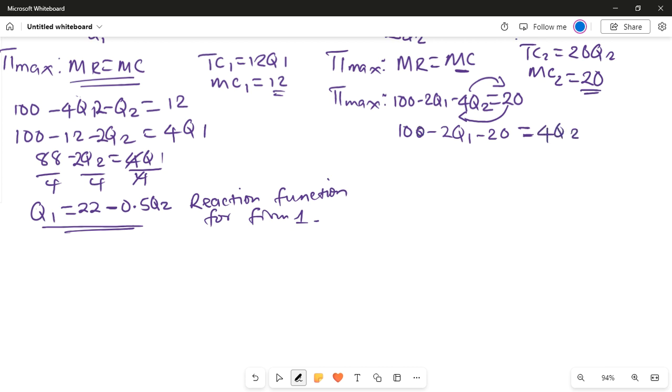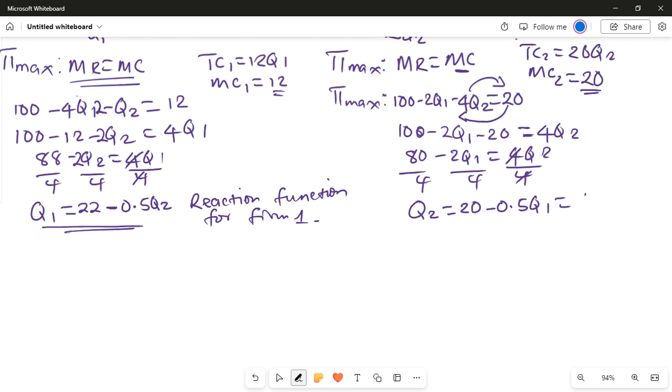So 100 minus 20 is just 80, minus 2 Q1 is equal to 4 Q2. Dividing throughout by 4, cancel that. So Q2 therefore is going to be 4 into 80, that's 20, minus 4 into 2 is 0.5 Q1.